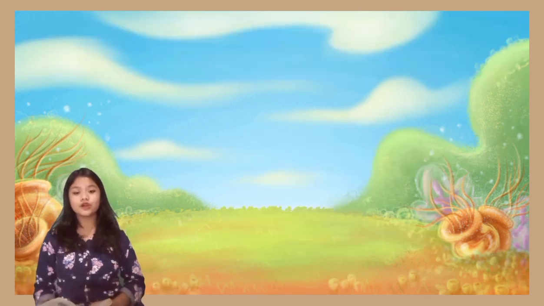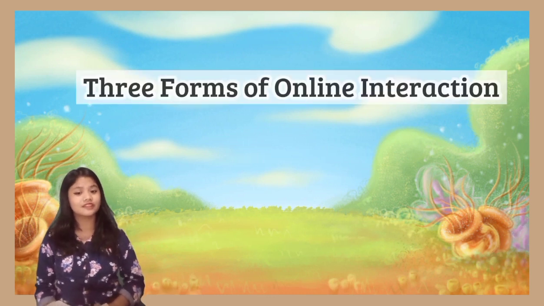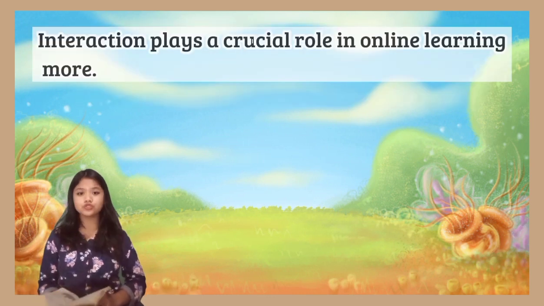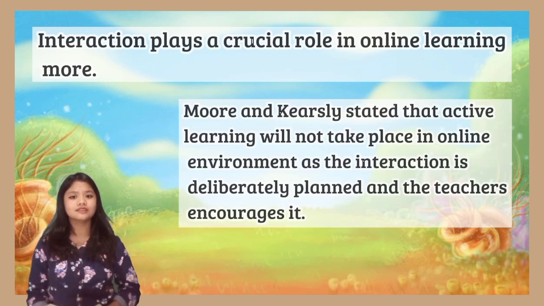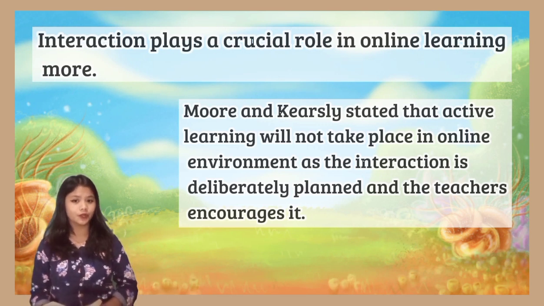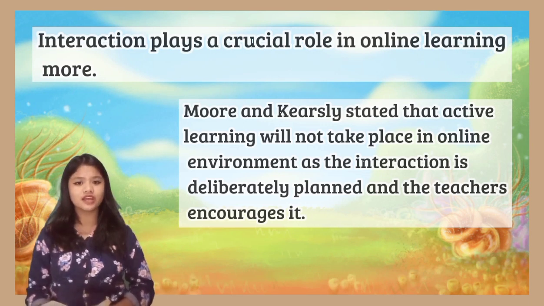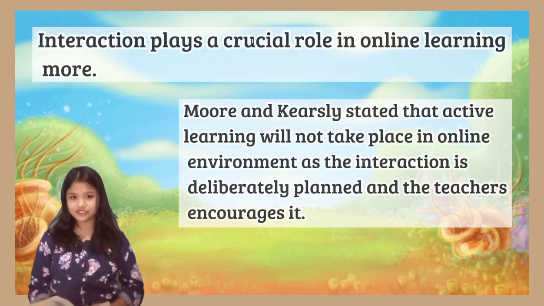Next is the story of the three forms of online interactions. Interaction plays a crucial role in online learning. Murray and Kearsley stated that active learning will not take place in an online environment unless the interaction is deliberately planned and teachers encourage it.